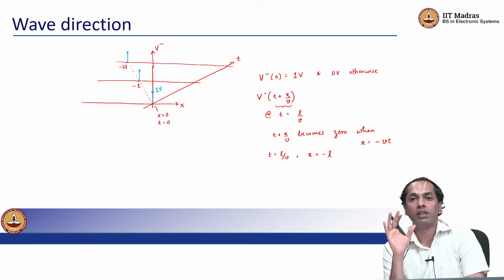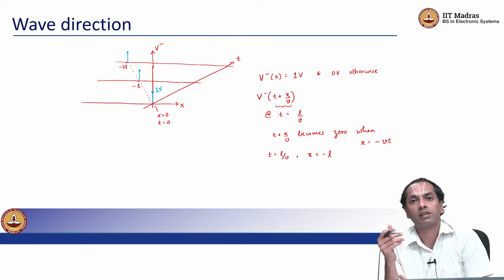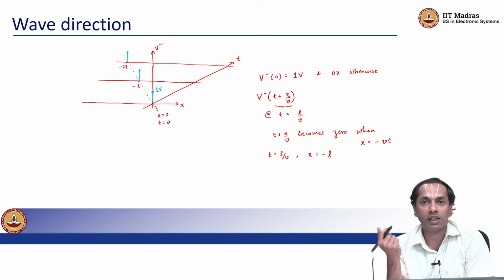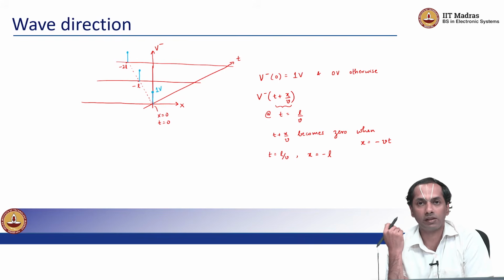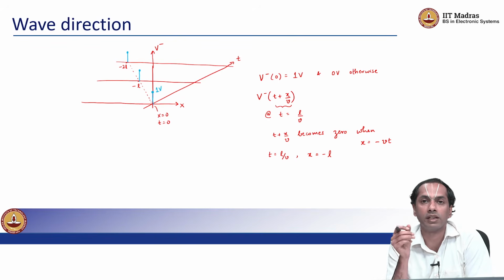So hopefully, even in the future when we start looking at many situations where you're expected to estimate voltages and currents, if someone were to ask you whether this is a voltage going in the positive x direction or in the negative x direction, try to look for this pair, t and x by v, and see how they appear in the expression for voltages and currents. See the relative signs between t and x by v.